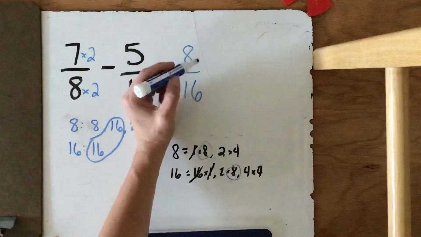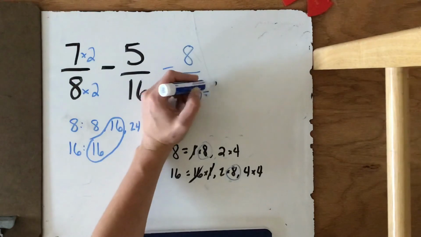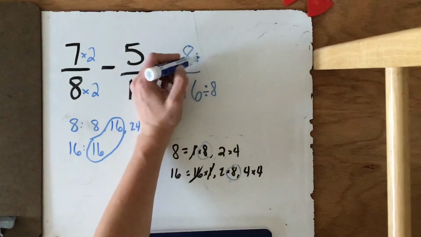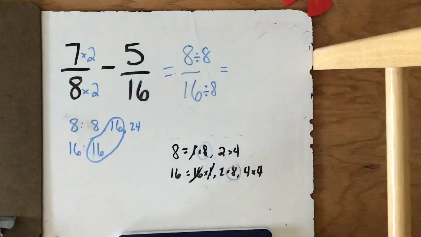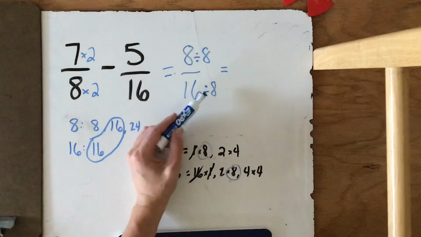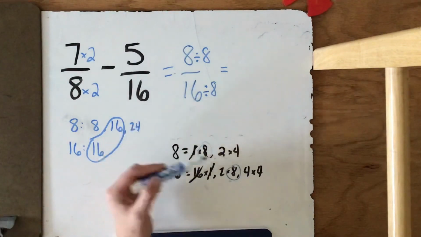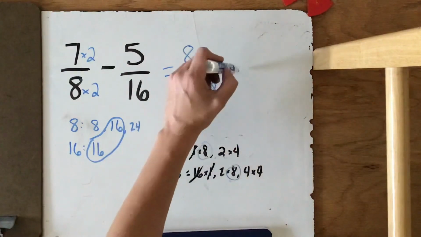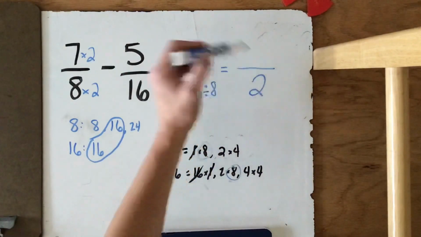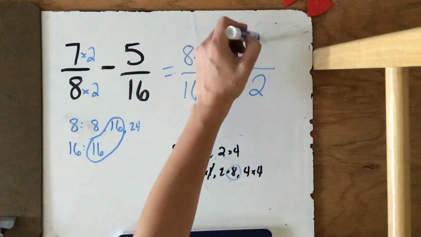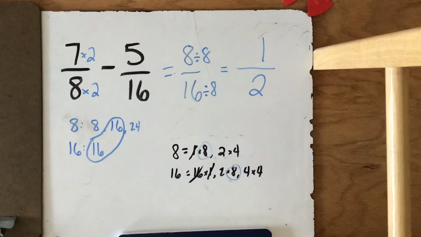In this case, it's 8 divided by 8. So 16 divided by 8, or 8 times what is 16? That's 2. And 8 divided by 8 is 1. So in this case, if this was our problem, it would be 1/2.